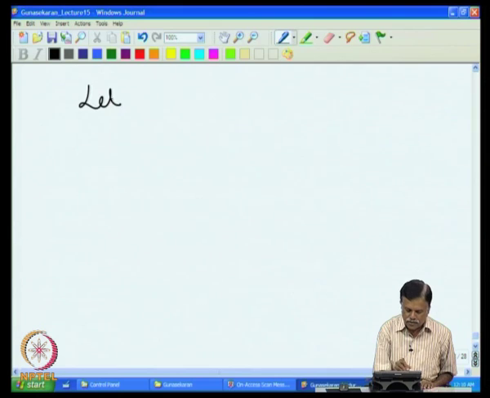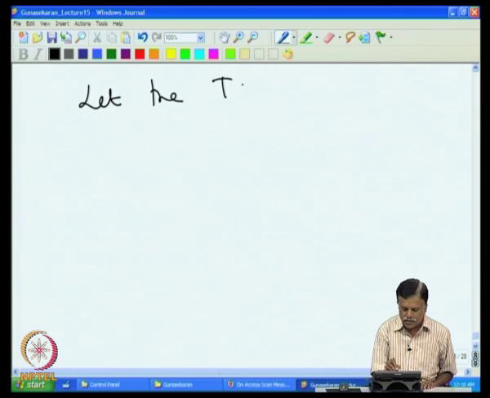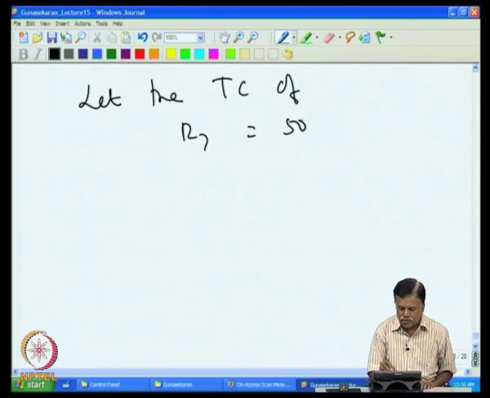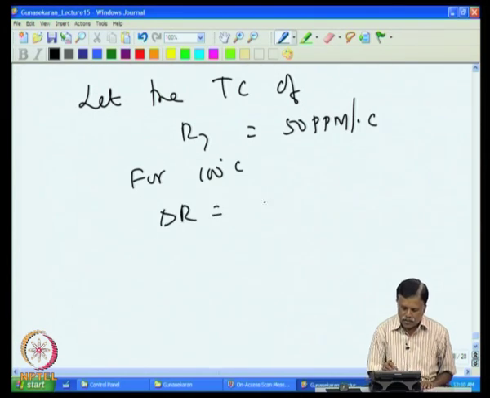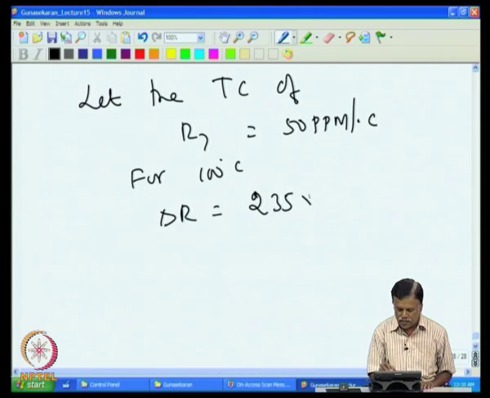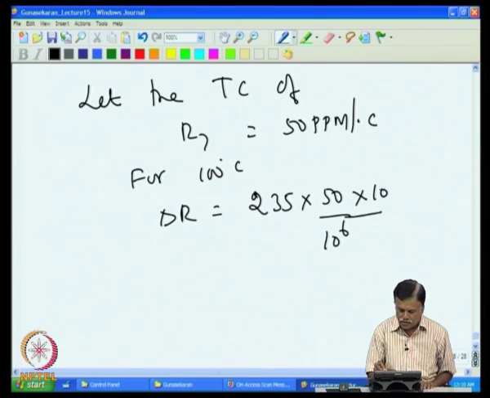Let the temperature coefficient of R7 be 50 ppm. Assume that we use 50 ppm per degree C resistance. Then for 100 degree C, delta R will be, this is 235 ohms, so 235 times 50 ppm, and then for delta T equal to 100 degree change. That is the resistance change expected.